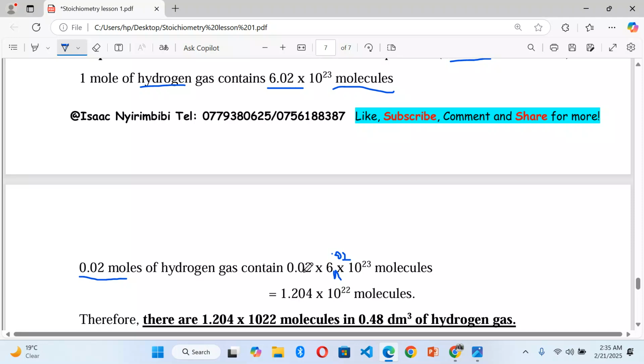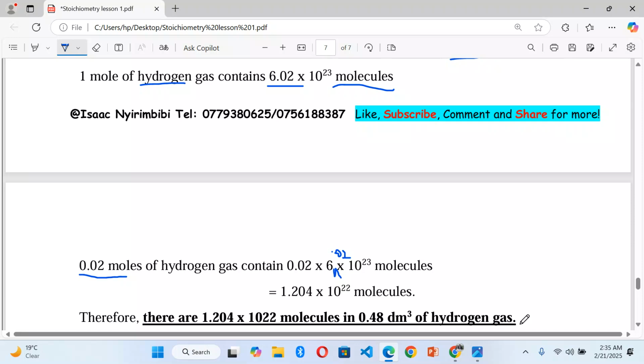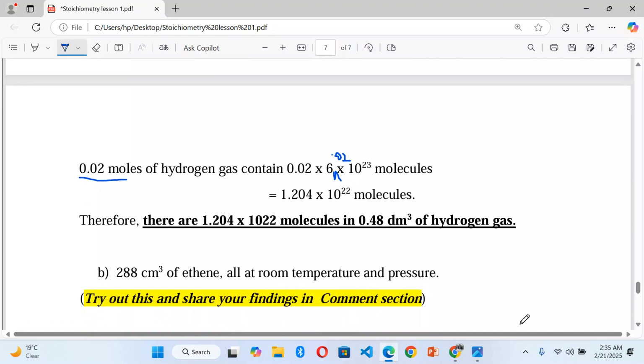So our answer, when you multiply very well, you'll be able to get 1.204 times 10 to the power 22 molecules, and therefore there are 1.204 times 10 to the power 22 molecules in 0.48 decimeter cubed of hydrogen gas, and you underline your answer.